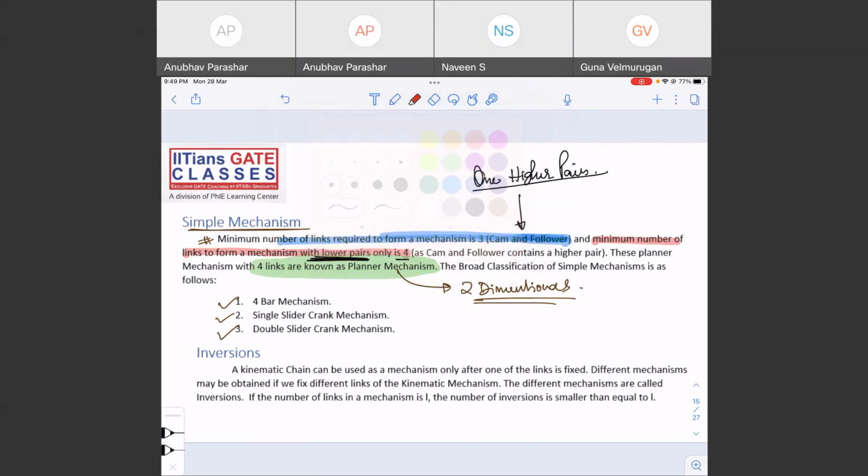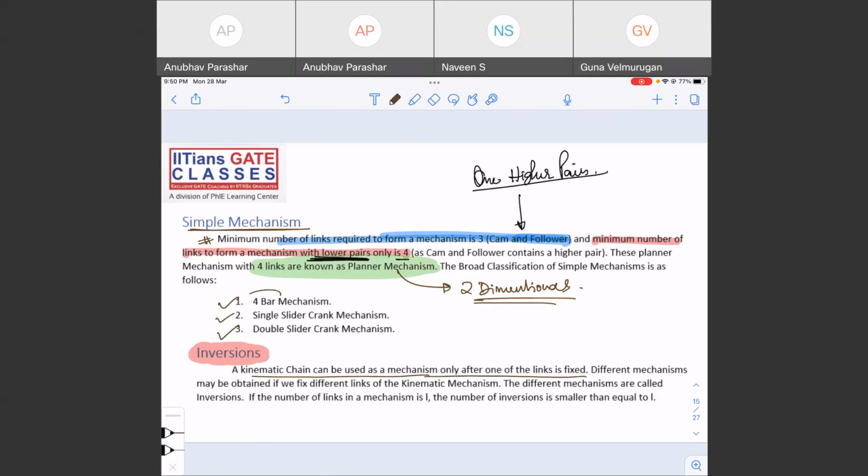Now all of you, there is a term called inversion. Questions are again asked from inversion, and it's very important to know what inversions are before starting with the planar mechanisms. As we have discussed, a kinematic chain can be used as a mechanism only after one of its links is fixed. Without a link being fixed, you'll not be able to use the mechanism.